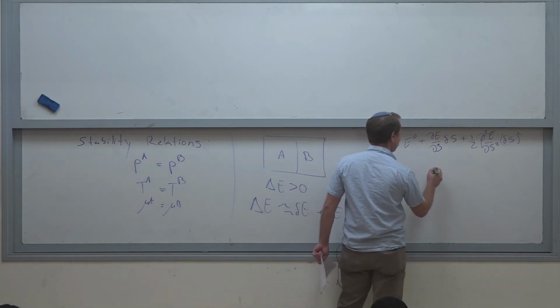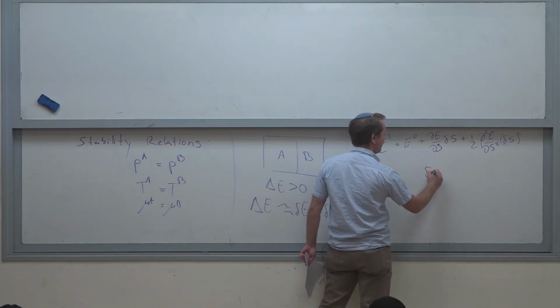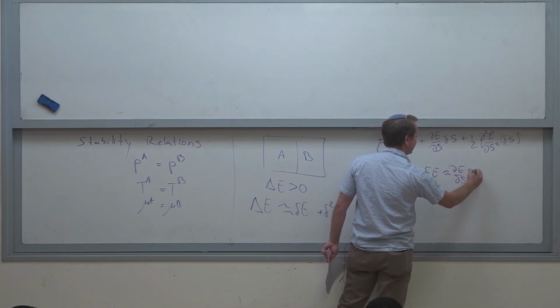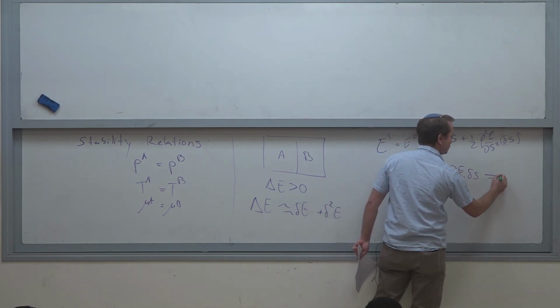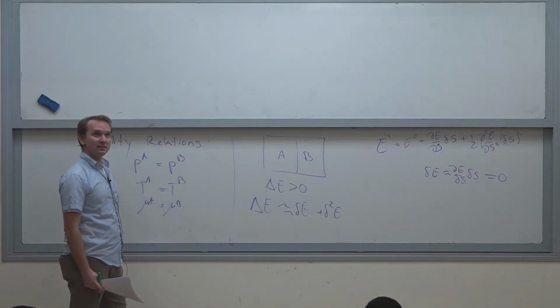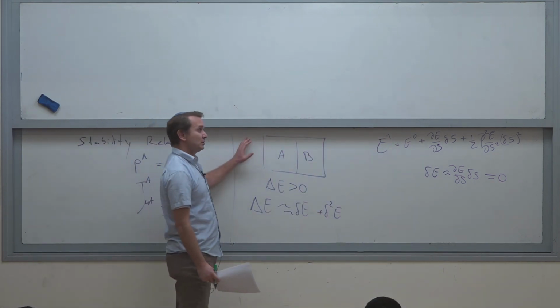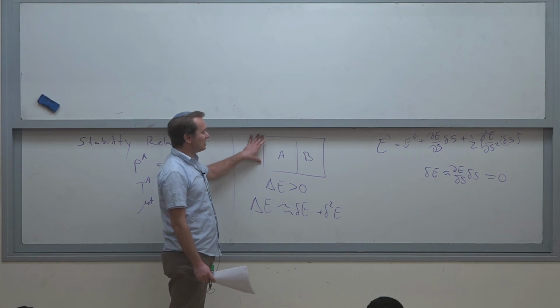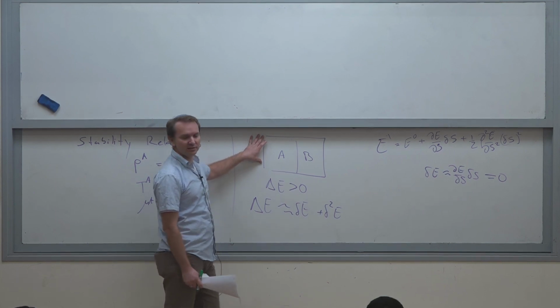And delta E, which is dE/dS delta S, is always 0, in the specific case that the total entropy is kept constant, the total volume is kept constant, and the total number of particles is kept constant.